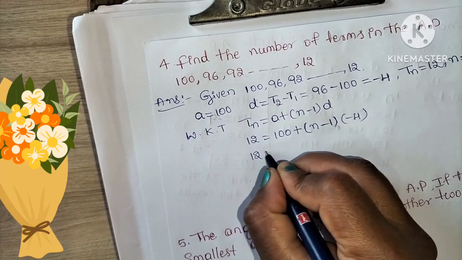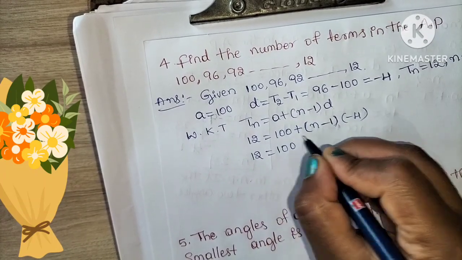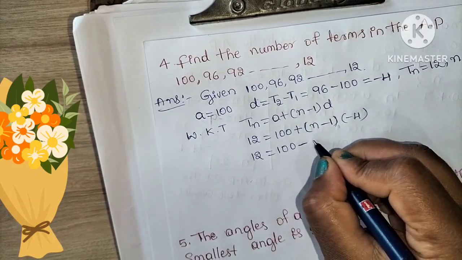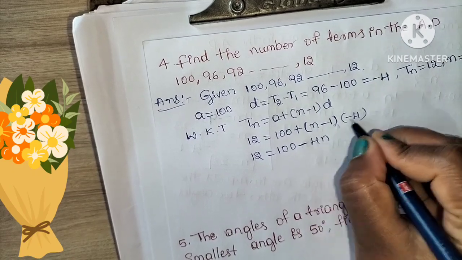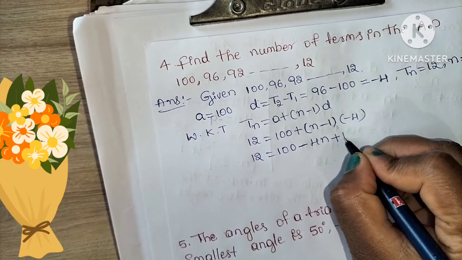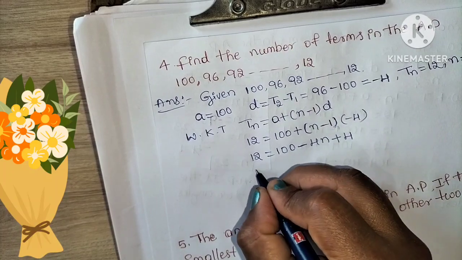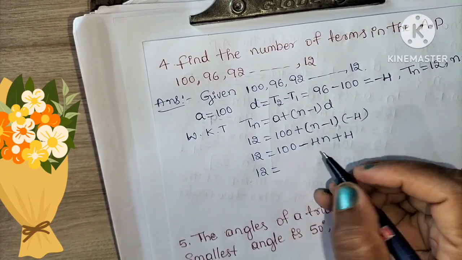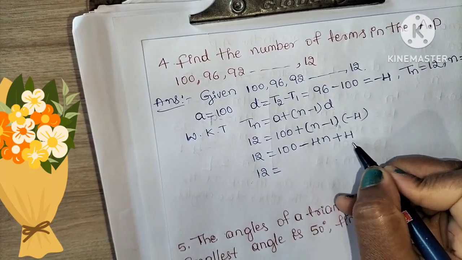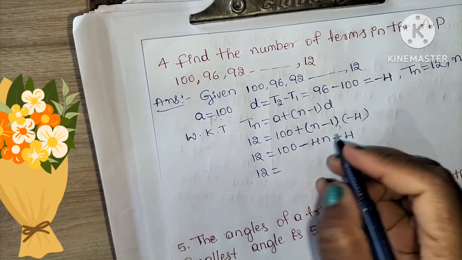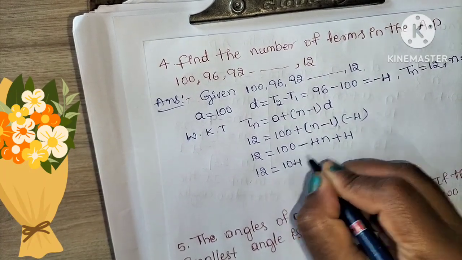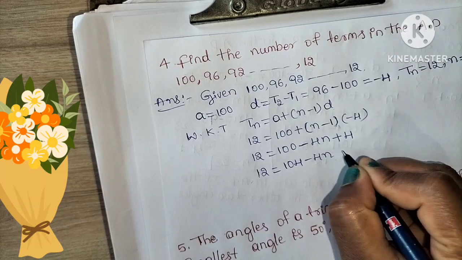So 12 is equal to 100 plus n into minus 4, that is minus 4n. Minus into minus is plus, 4 ones are 4. Next, 12 is equal to 100 minus 4n plus 4. So we add 100 plus 4, which is 104, minus 4n, write as it is.